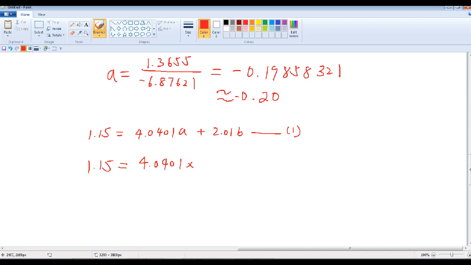Some of you might think, could we just use minus 0.20? Possibly not, because that would be a rounding off error. In the end, the answer should be correct to 2 decimal places, so it would be sensible to use 4 decimal places instead of all the numbers there.